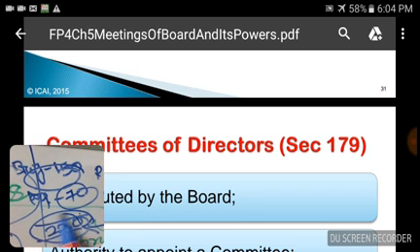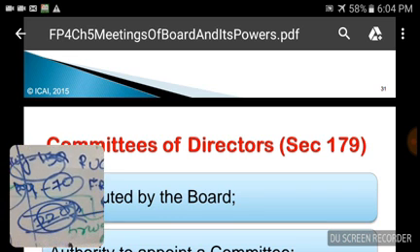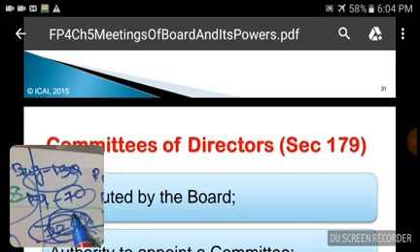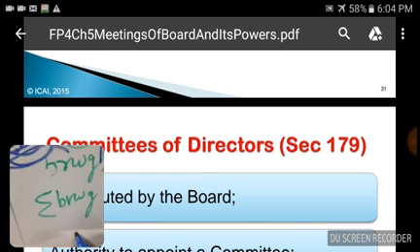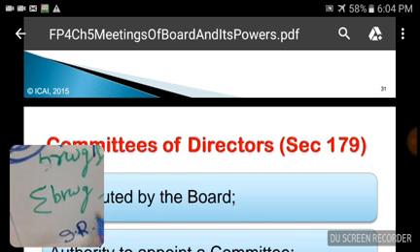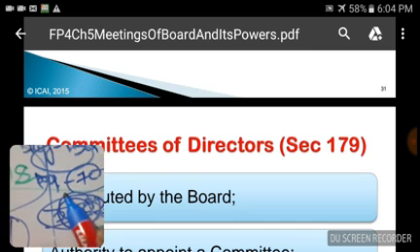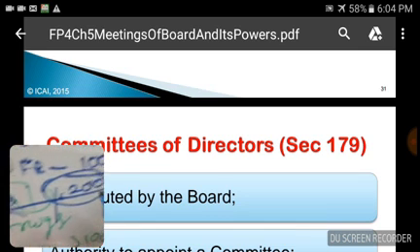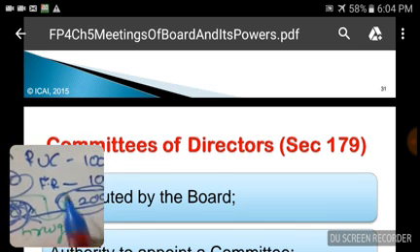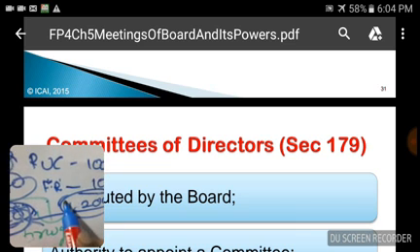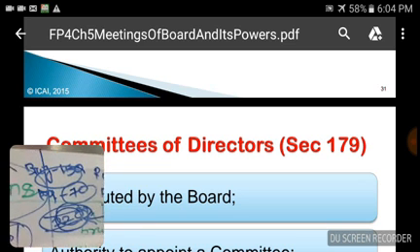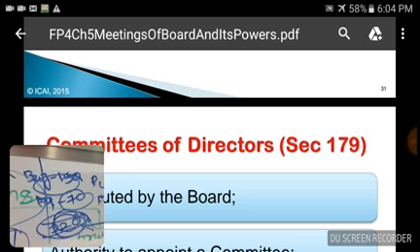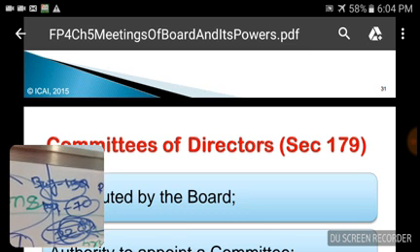Invest otherwise in trust securities, the compensation received in respect of compulsory acquisition needs to be borrowed. This point was discussed. Is the MD allowed to grant loans or give guarantees, provide securities in respect of the loans? Yes, as it was discussed. The company authorizes the MD to give donation to a charitable trust in which any of the directors may be interested as trustees.